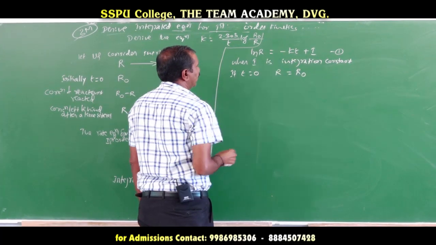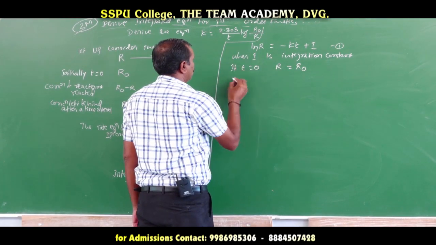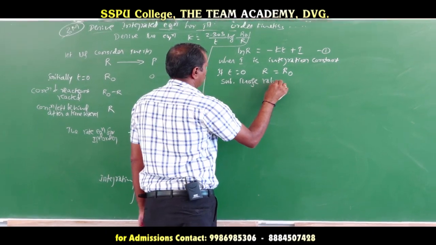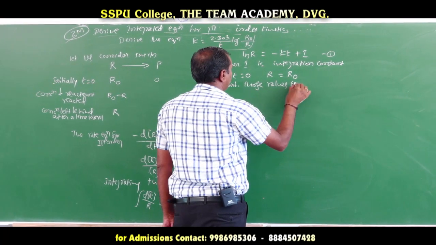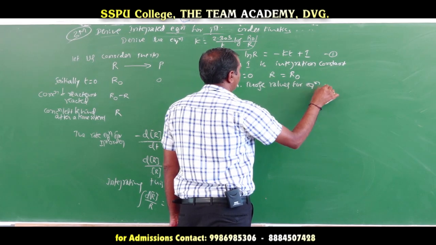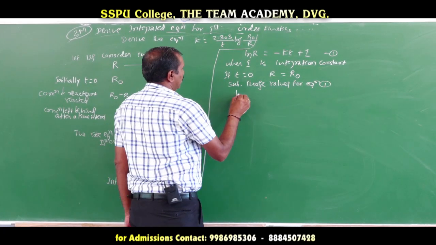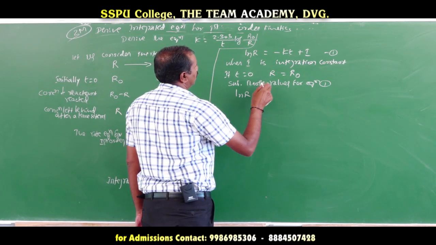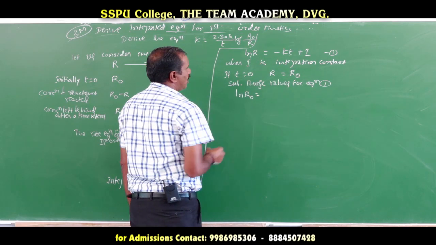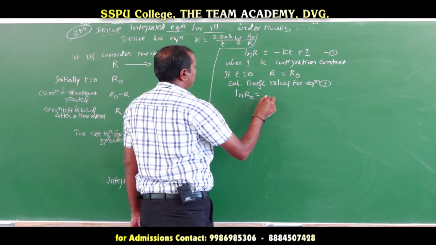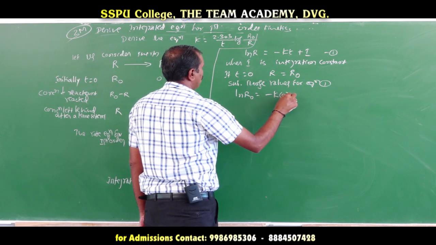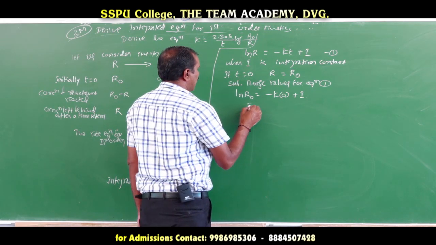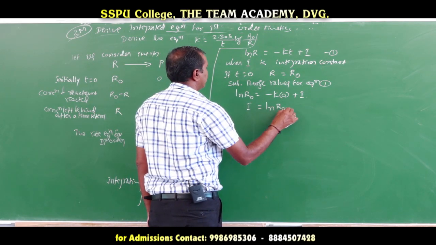Substitute these values into that equation: ln R naught equals minus k into 0 plus I. k into 0 is 0, then I equals ln R naught.